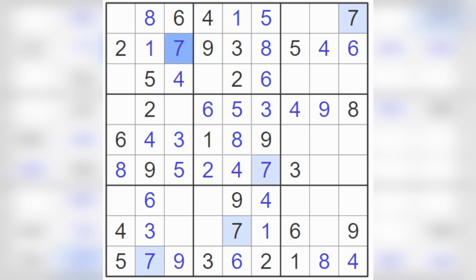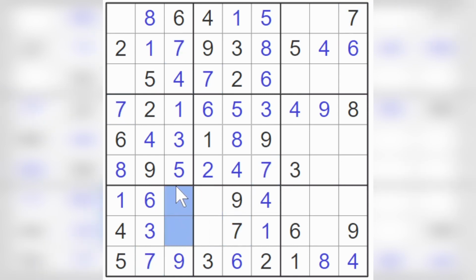This must be the 7, making this a 7, and this a 1, and this a 1. These two squares must be a 3 and a 9. Let's start with this empty square because it's easier. It's a 7.